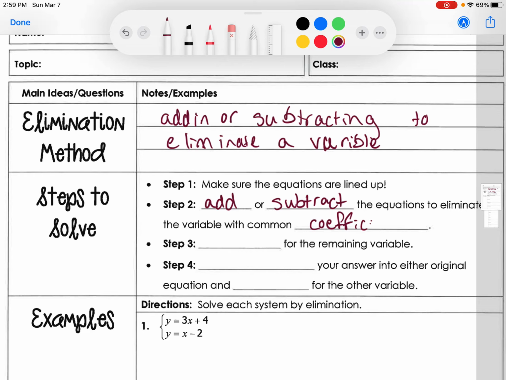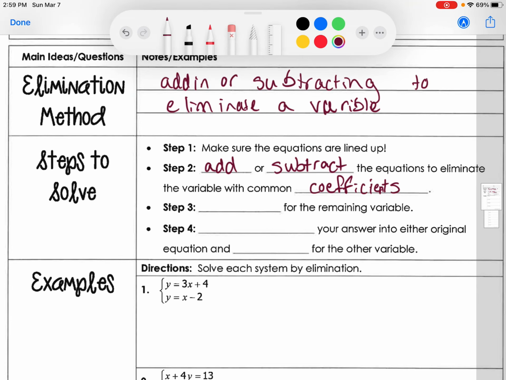And just as a quick refresher, we remember that coefficients are the numbers that come before the variable. Case in point, in this first equation, y equals 3x plus 4, the 3 would be a coefficient. There's no coefficient before the y, but we could put a 1 there and say the coefficient is 1.